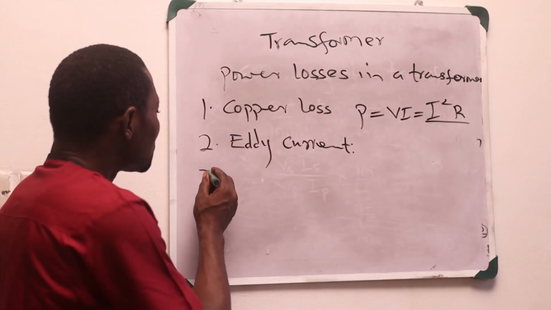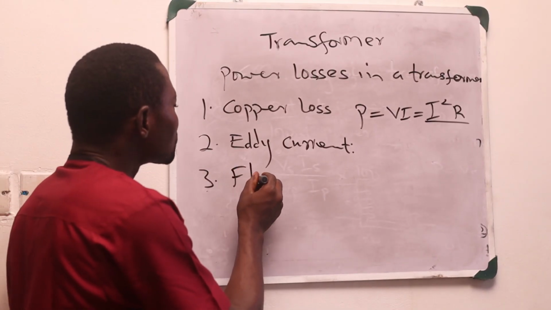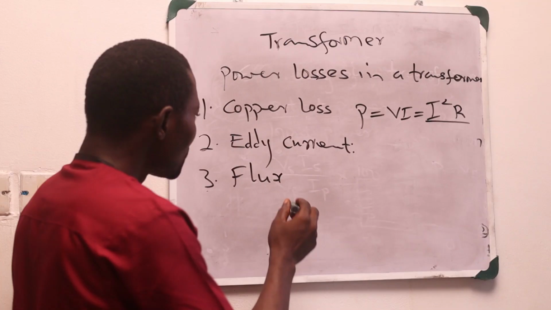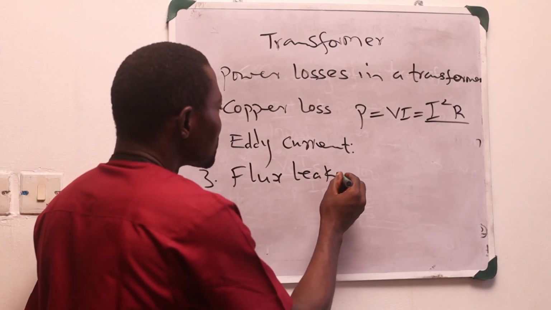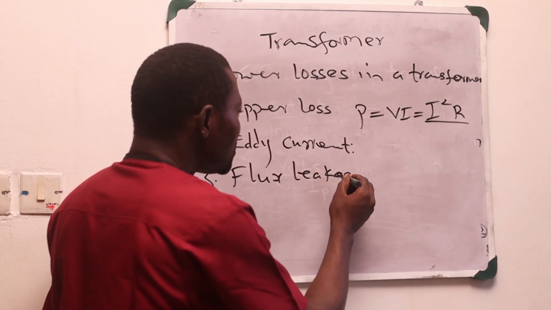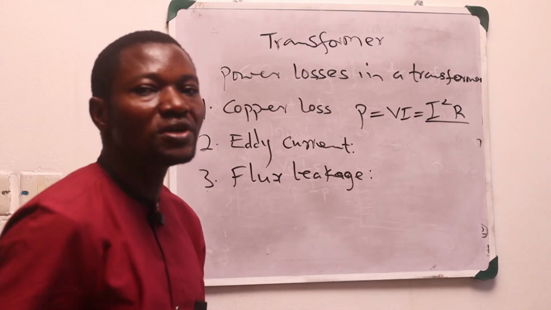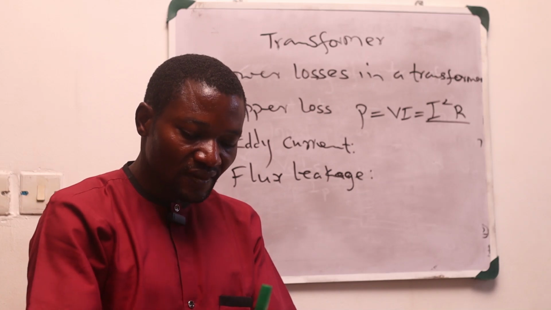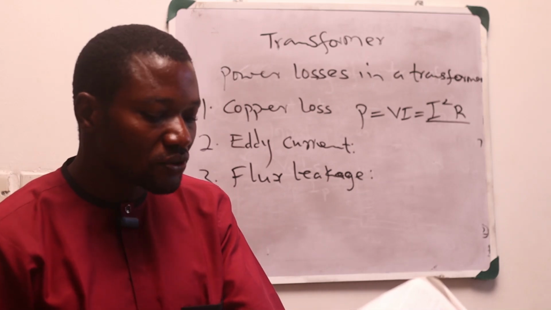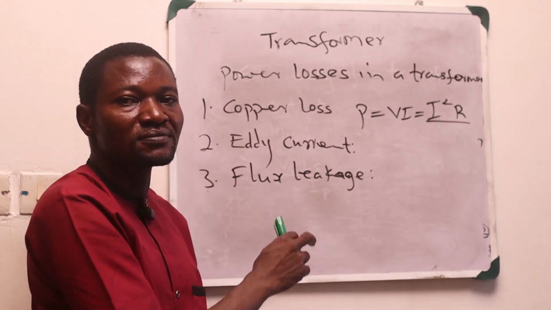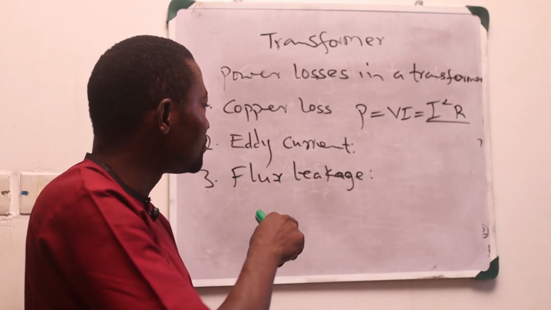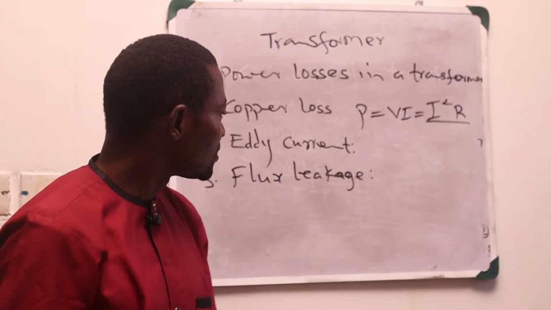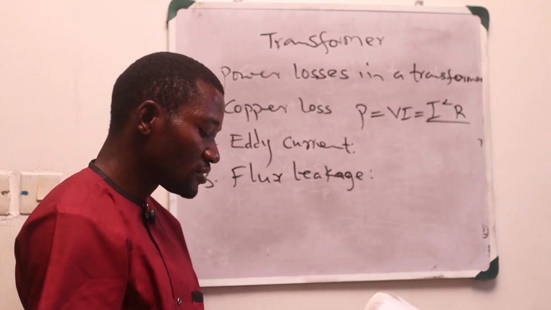Then the third one is flux linkages. Flux linkage is the third way in which power is lost in a transformer. And this is energy lost due to linkage of magnetic flux. The magnetic flux that is being induced, the linkage in it, we call it flux linkage.